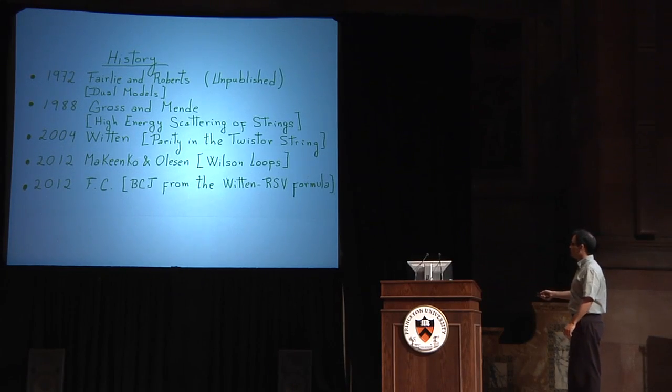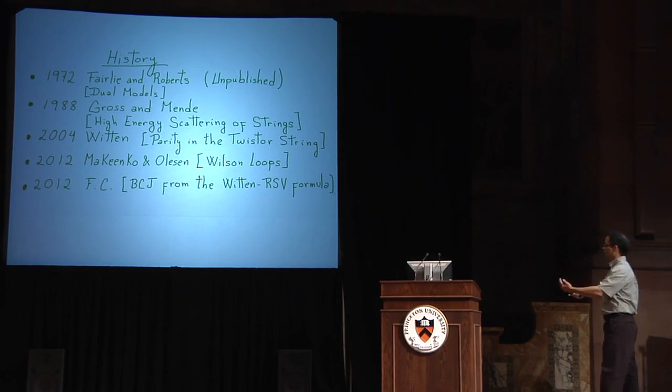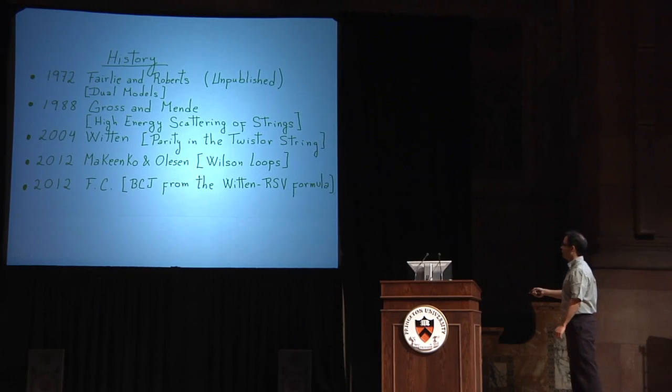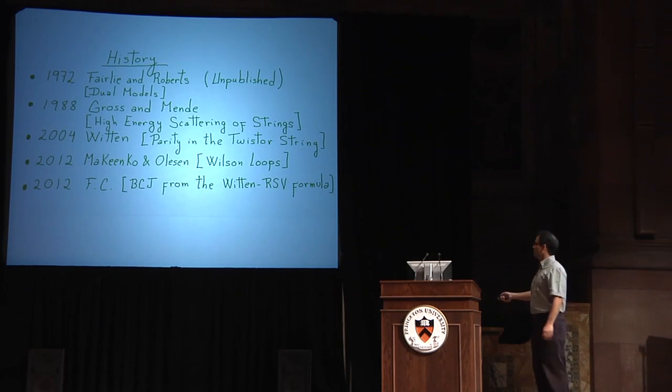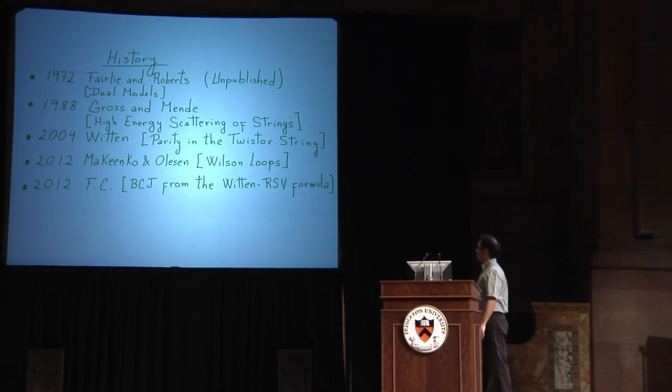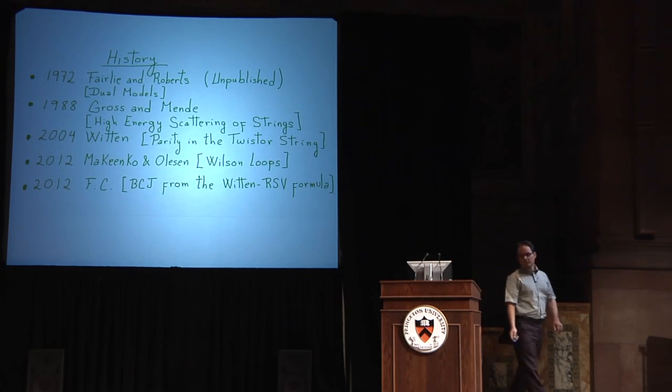In 2004, Witten also found them when he proved parity in twistor string theory. In 2012, they appear again in Wilson loops, and I also found them in trying to find a derivation of the BCJ formula, starting with the Witten-RSV formulation of scattering amplitudes. Okay?